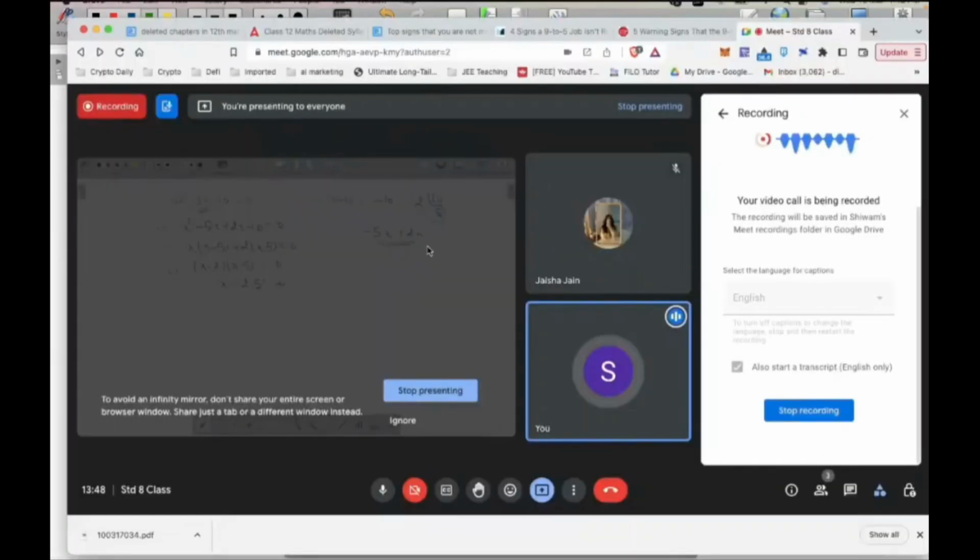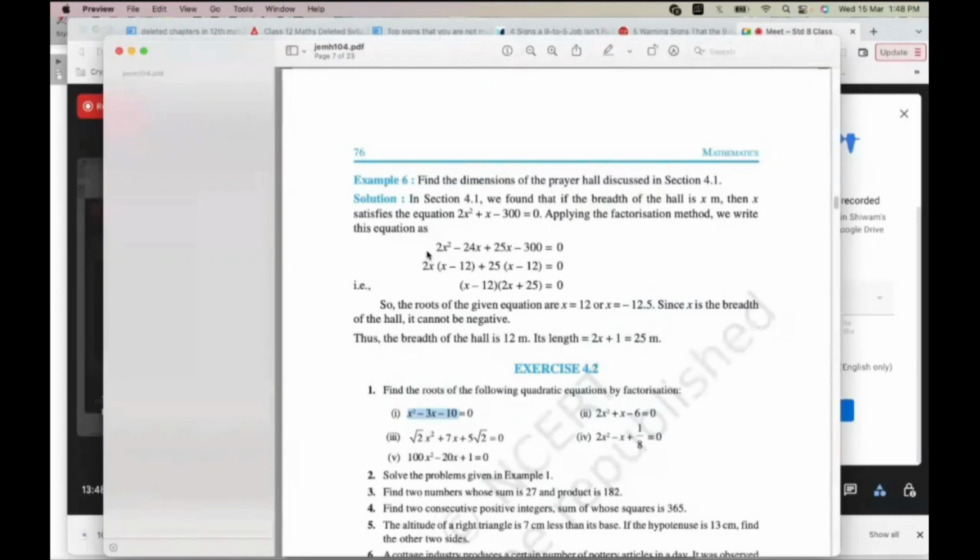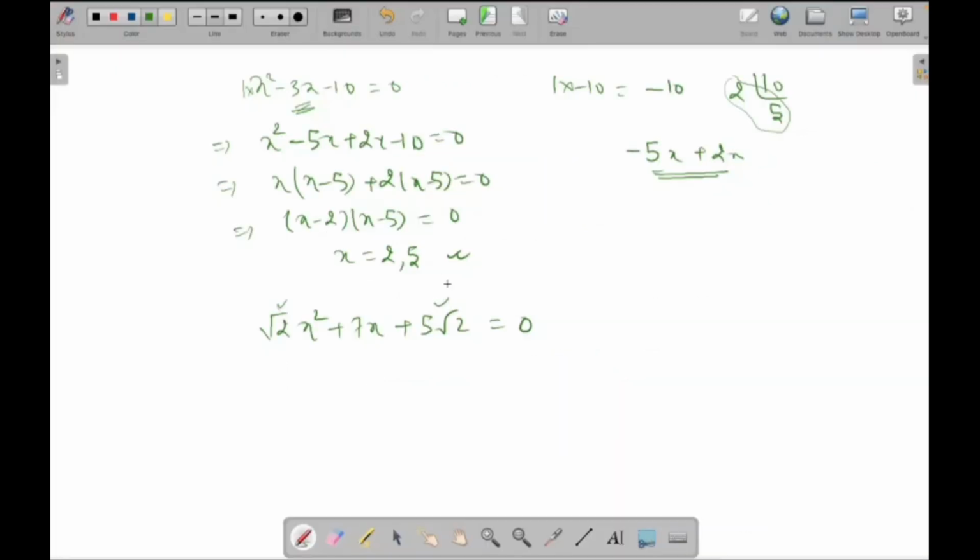Okay, so let me take another one which will be a little complicated. For example, this one. What you need to factorize is 5 root 2 into root 2, which is nothing but 5 into 2, which is nothing but 10. So you have to factorize 10. Just writing whatever you're telling me.